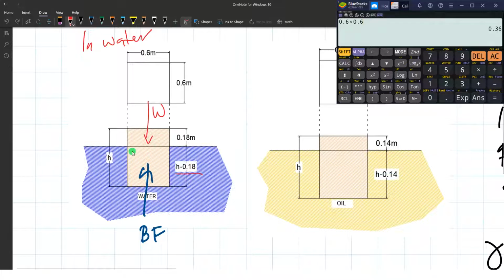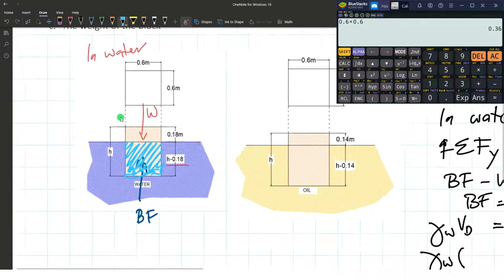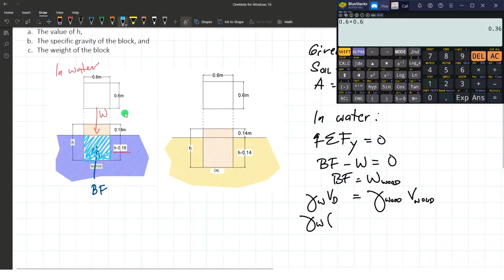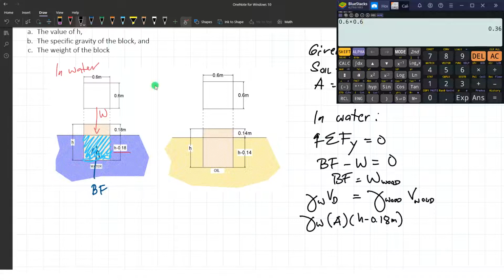To compute the volume displaced, which is the volume that is submerged or immersed in the fluid, we simply multiply the cross-sectional area, A, by the depth, which is h minus 0.18 meters. So this is your volume displaced.